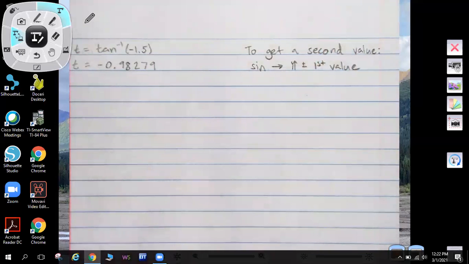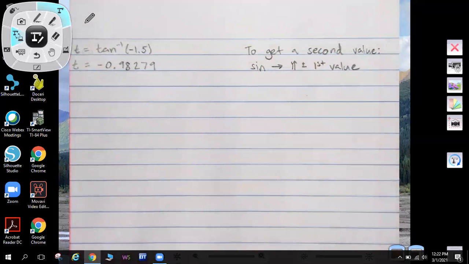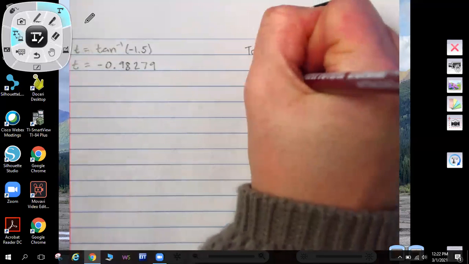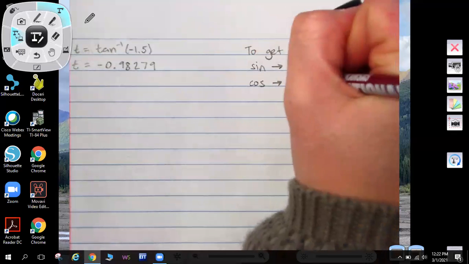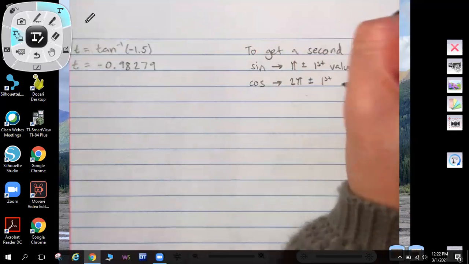So when you get a value for your variable, if you are using sine to get the second value, you do pi plus or minus the first one. For cosine, it's 2 pi plus or minus the first value.